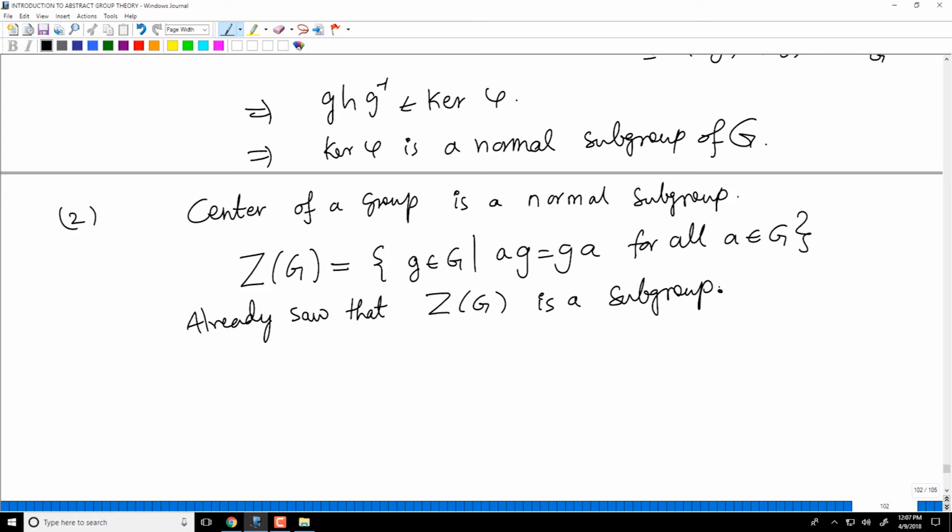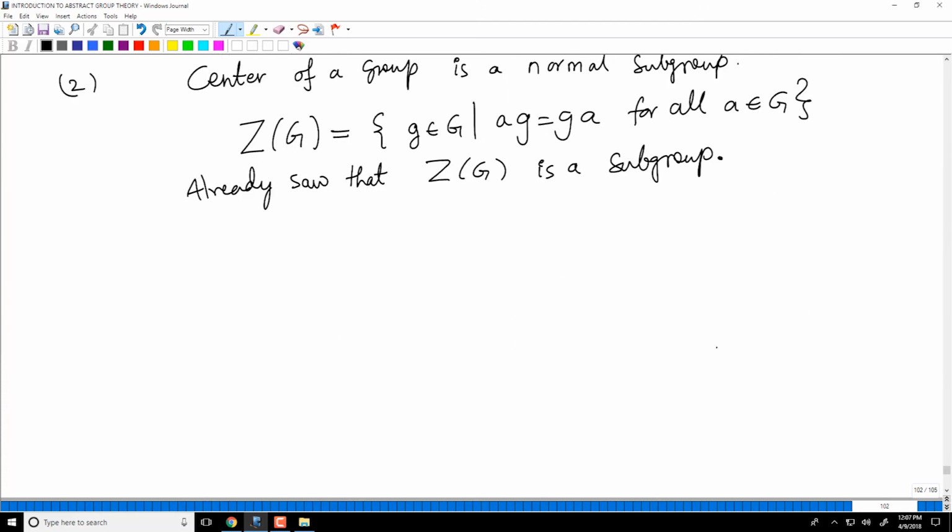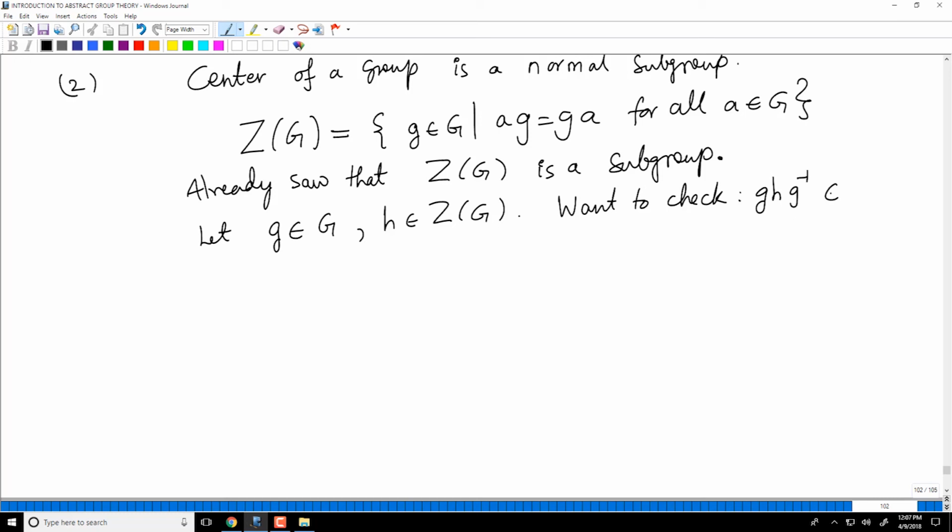So it's a subgroup. To check the normality, just like before, we take a group element and a subgroup element, and let's check, what do we want to check? We want to check that g h g inverse is in Z(G). What is the meaning of being in Z(G)? It means that it commutes with everything in the group. So let a be arbitrary. We want to check that g h g inverse commutes with it.